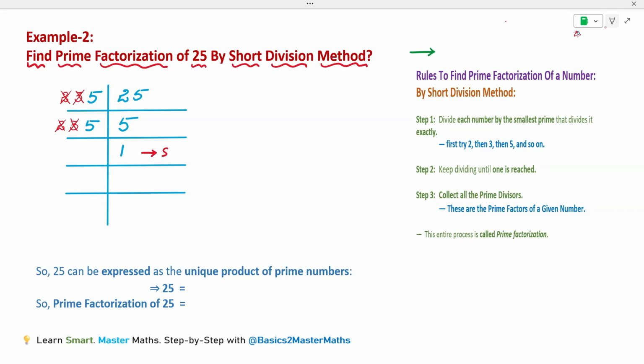Stop here and collect all the prime divisors. In this case, the prime divisors are 5 and 5.